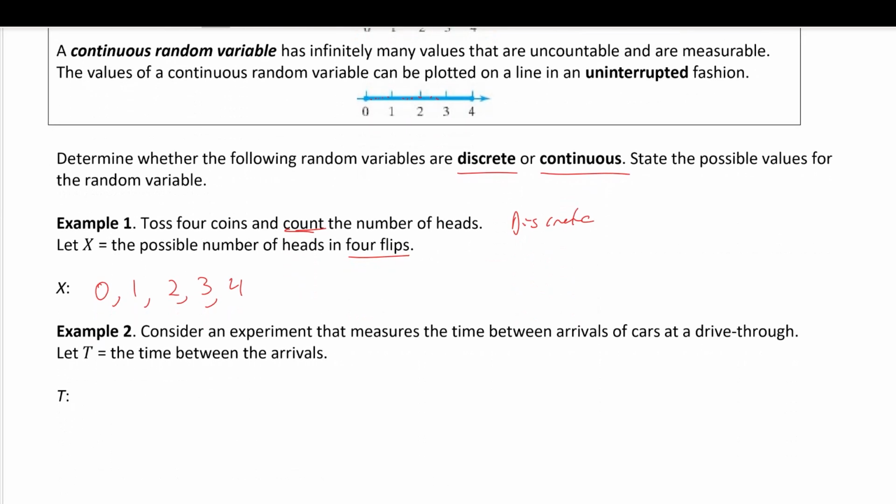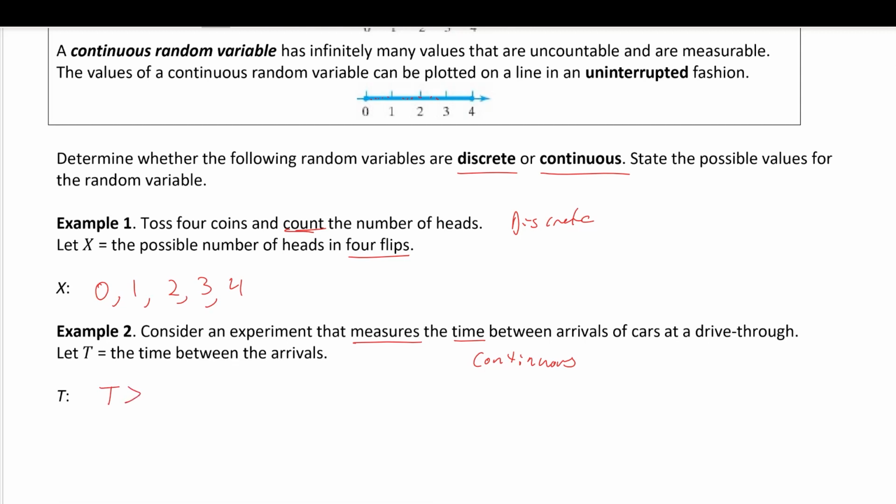Example 2. Consider an experiment that measures the time between arrivals of cars at the drive-thru. Okay, so time, it's being measured, right? So this would be something that's considered to be continuous. Now for continuous random variables, you can't just list them out like we did for the discrete ones. So instead we just say that this random variable t is greater than 0, right?